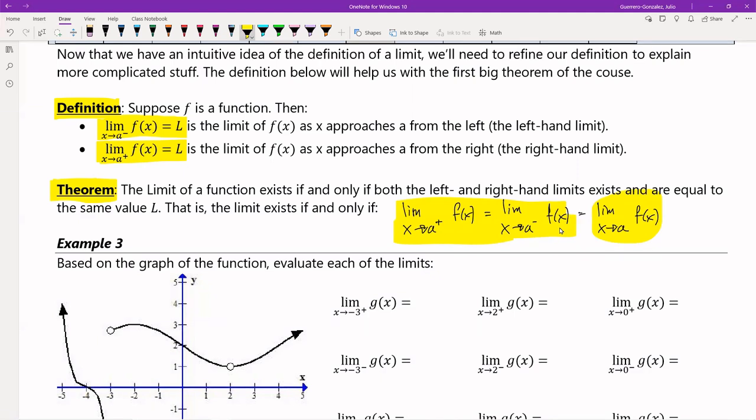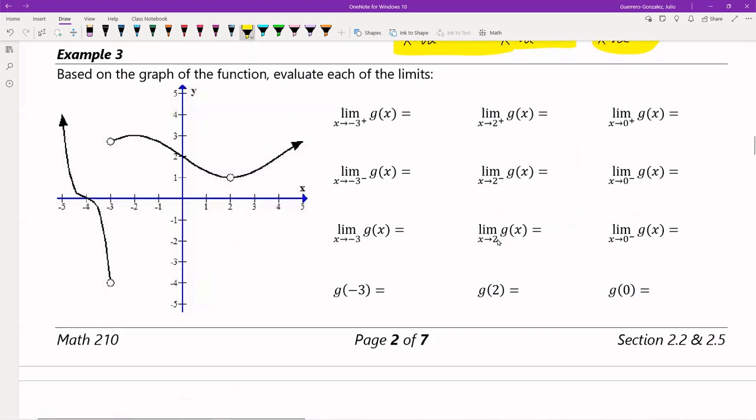Okay, so let's go ahead and practice this. I've got an example here, and we're going to see what happens with each one of these. So let's do this first column right here. The limit as x approaches -3 from the positive side. What I'm doing there is trying to approach x equals -3 from the positive side, so I'm doing dot, dot, dot, dot like this.